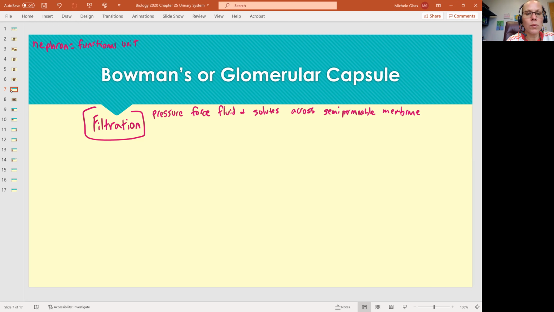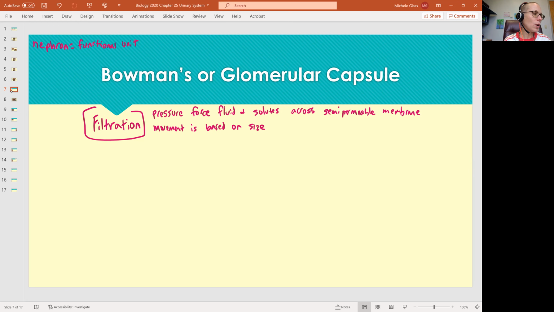And the movement is based on size. So stuff that is able to actually cross based on the size of the openings will cross. So there's not a selectivity based on anything other than size.